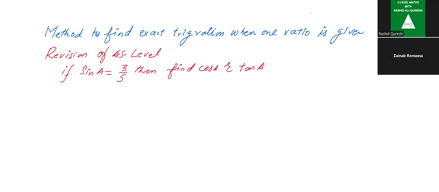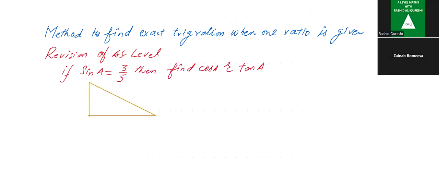As we know, when the answer of a trigonometric ratio is given, that answer always belongs to some right angle triangle. So I have to make a right angle triangle. That is called the right angle triangle.